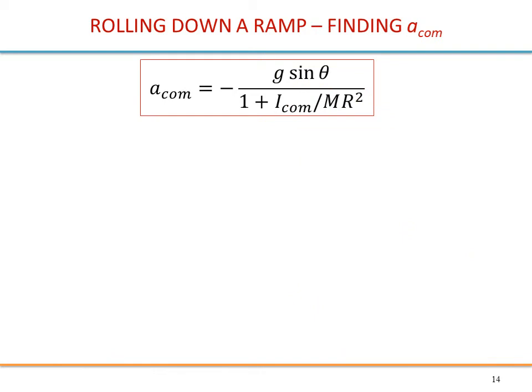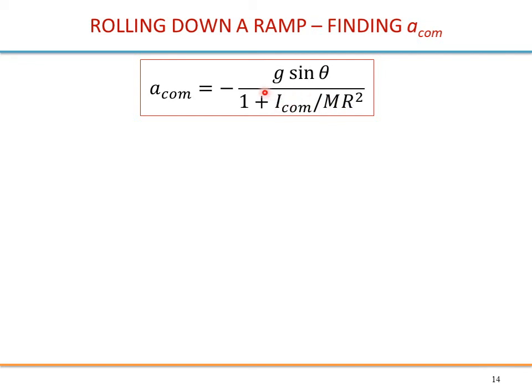So let's look at this expression in more detail. It is represented here. We have I com and we have M R squared. So this is a rotational inertia, and this is also a rotational inertia. So it's a mass times length squared. So this ratio has no unit, in fact.